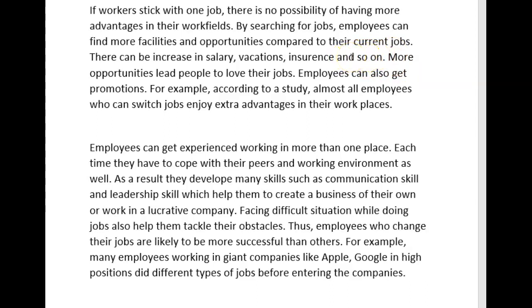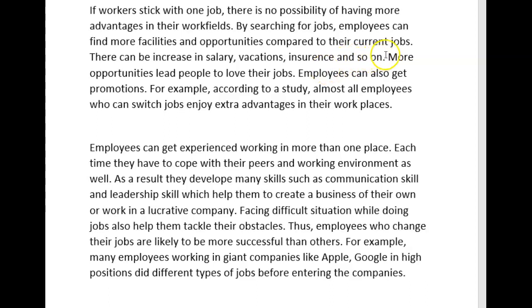If you want to say that the list you are giving us is not exhaustive and that there are more things in this list, you could say there can be increases in benefits such as salary, vacations, and insurance. So when you say such as, or when you say including salary, vacations, and insurance, then it shows that there's more, but it doesn't have this kind of feel the way so on does. Okay.